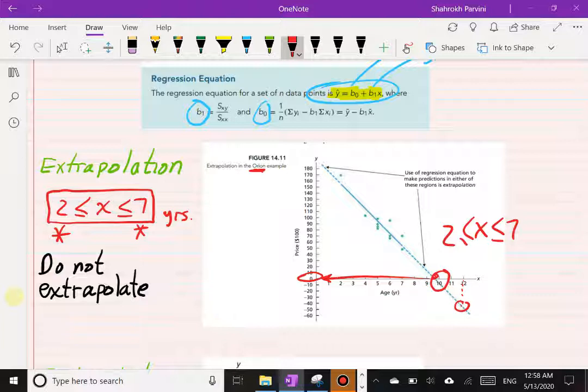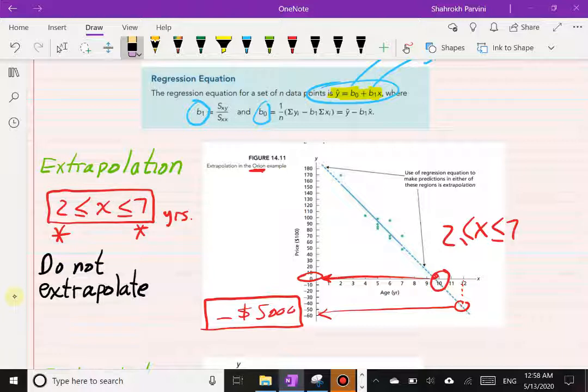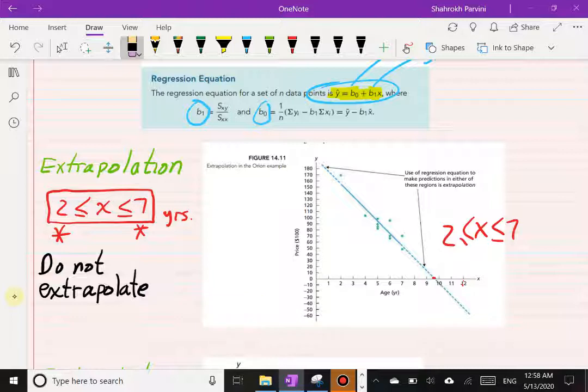For a 12-year-old car, it runs about -$5,000. That means if your Orion is 12 years old, you've got to pay someone $5,000 to take your car from you. So all of these examples lead to the conclusion that extrapolation is not allowed in regression. Okay, so we can't do that.